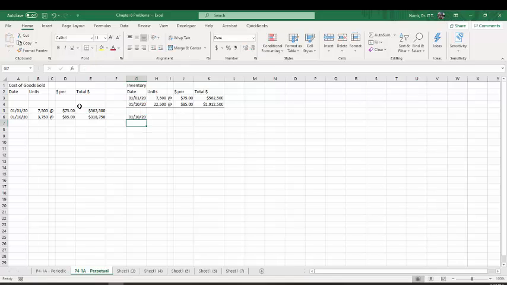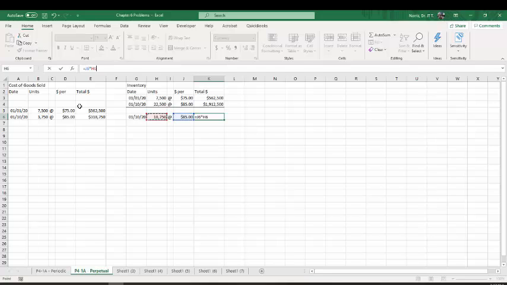And what does that leave us in inventory? Well, we still have some left over because we purchased 22,500 and we've only sold 3,750, and that is at the $85 a piece. So that's what we have in stock now.